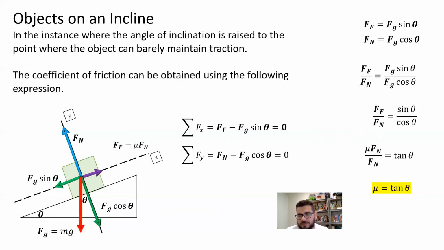There is a particular reason why I've divided it in this order: frictional force divided by normal force, and sine weight component divided by the cosine weight component. The reason is to simplify and come up with a solution for the coefficient of friction in this object.